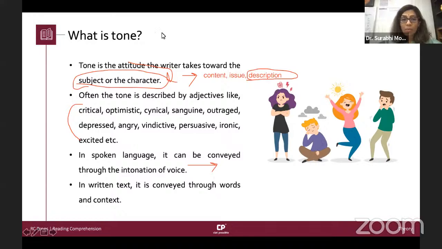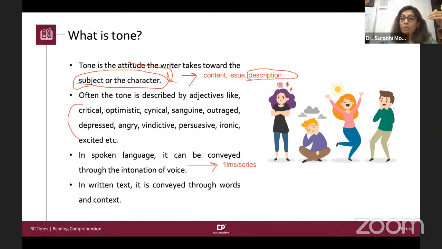Now, when we watch a film or a movie, it's very easy to identify the tone of the speaker. In films or in series, the tones are visible through facial expressions. The way the speaker speaks tells us whether they are optimistic or outraged or excited.